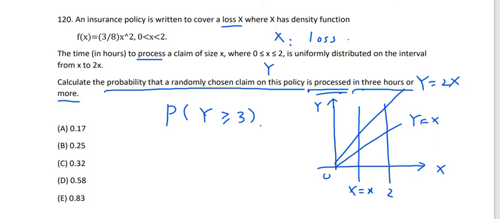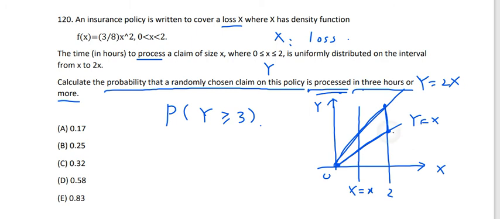So we know the region of integration is this triangle. This triangle, y equals x, y equals 2x, and here x equals 2. We want to find y larger than 3.